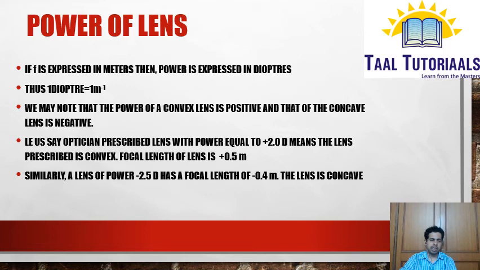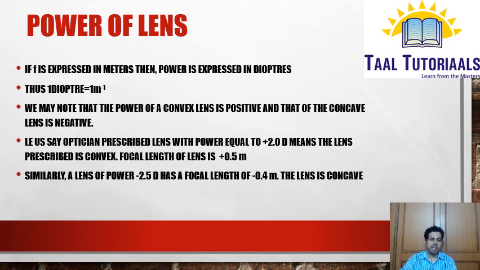Let us say an optician prescribed a lens with a power equal to plus 2.0 diopter. It means that the lens prescribed is convex, because the value is given as positive. The focal length is the reciprocal of that, so 1 by 2 is 0.5 meter.